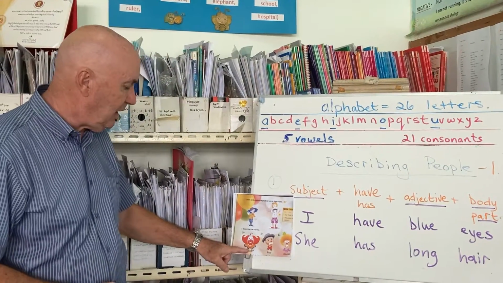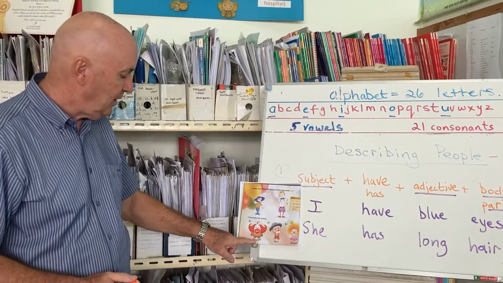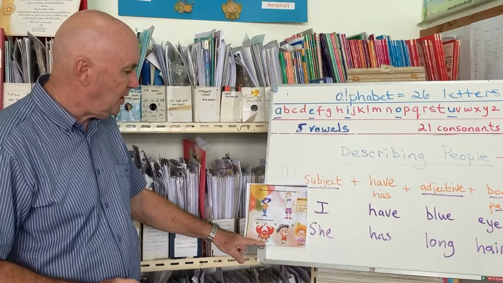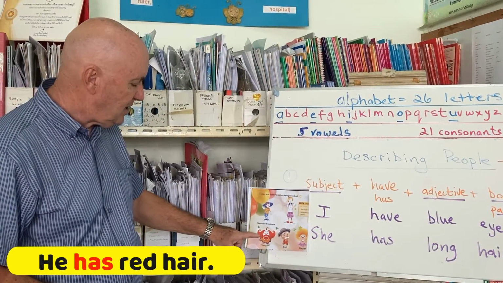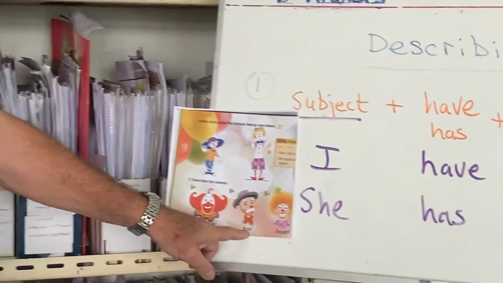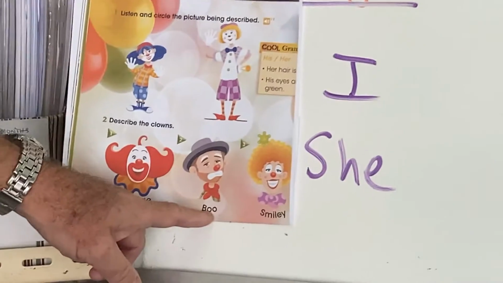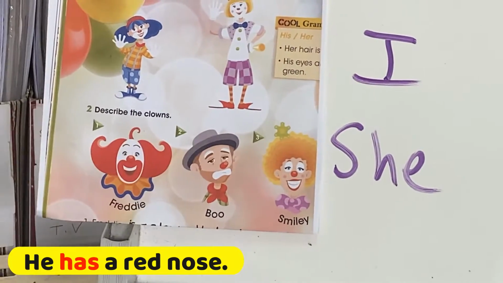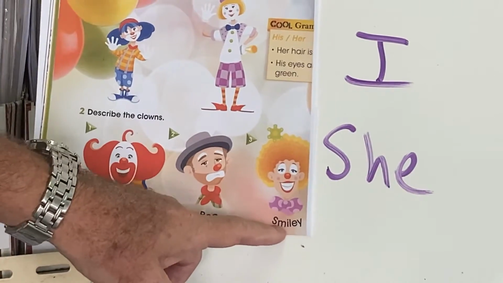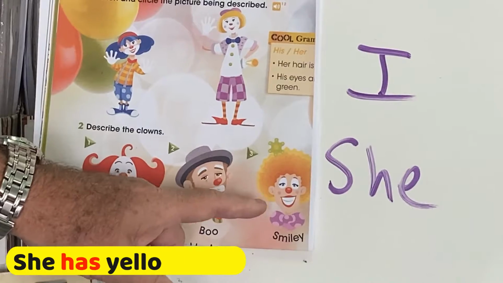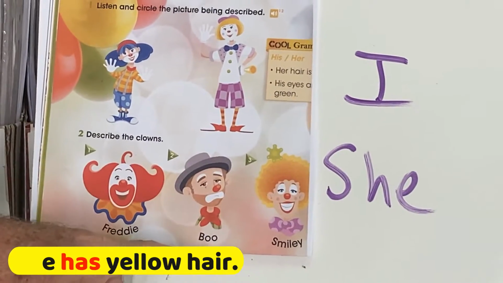So if we look at our clowns in the book, then if I'm looking at Freddie, Freddie is a boy, he, so I would say he has red hair. Or if I'm looking at the clown Boo, Boo is a boy, so it's he, so I would say he has a red nose. Or if I'm looking at the clown Smiley, who's she, I would say she has yellow hair.